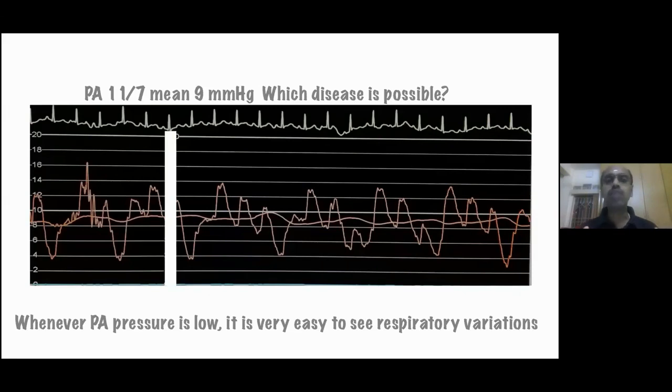We get recruitment of the upper and mid zone only when we physiologically increase the cardiac output, as in pregnancy or in exercise. Otherwise, in a pathological condition like atrial septal defect, it will get recruited. In normal conditions, the lung that is recruited is confined to the lower zones only.